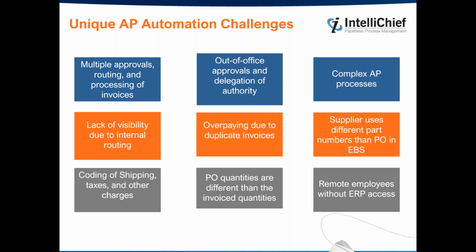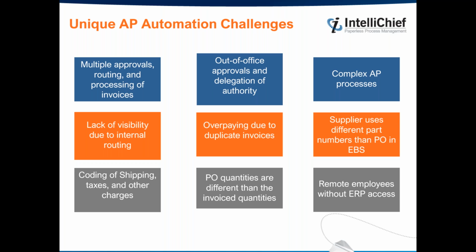What's the out of office approach or delegation of authority when something happens, right? If I've got a complicated AP process, I need to do four-way match because I have to match against some other document for quality, for example. Part numbers, we're going to talk a little bit about this in a minute, but the supplier, very simple thing, uses a different part number than what you put on your PO.